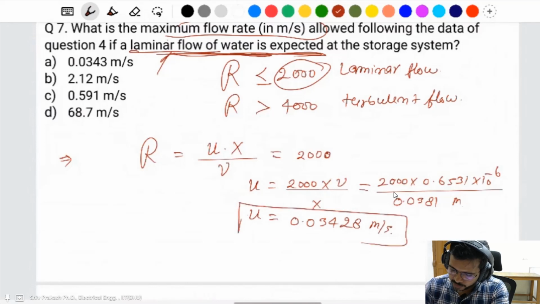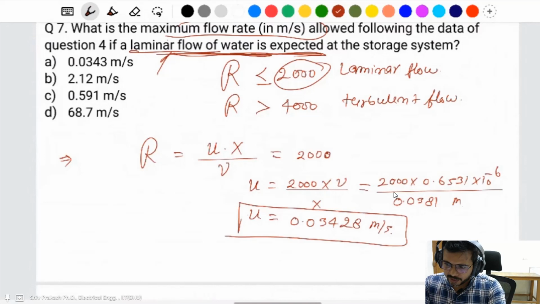This is a very low speed. If you exit the water from the pump, it will be very low speed. At very low speed, 0.03421, this will be the laminar flow. If you increase the velocity of this one, then it will go through the transition period or the turbulent flow.